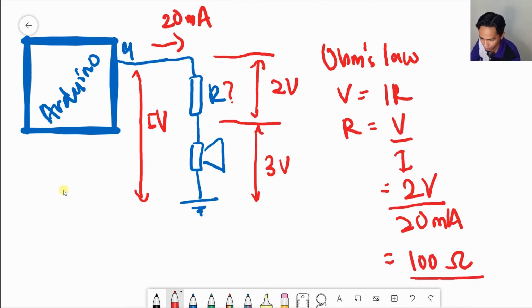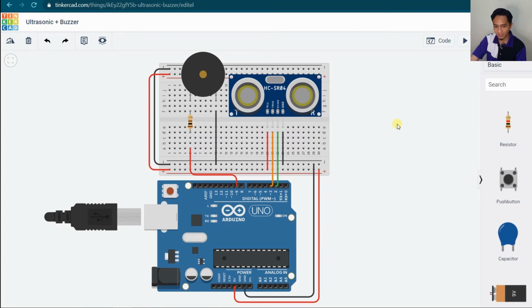So this is why I put 100 ohms inside this circuit here, just to limit the current, to make sure it does not break the piezo buzzer here.